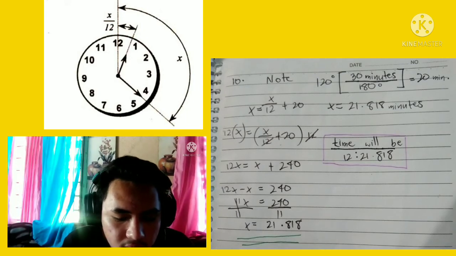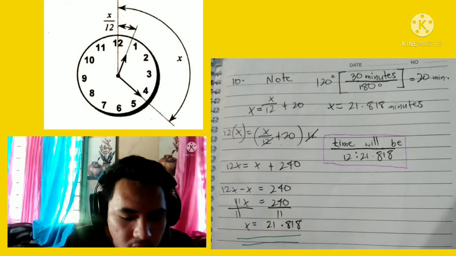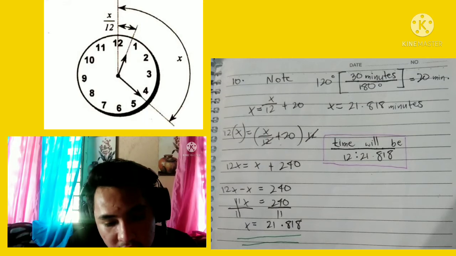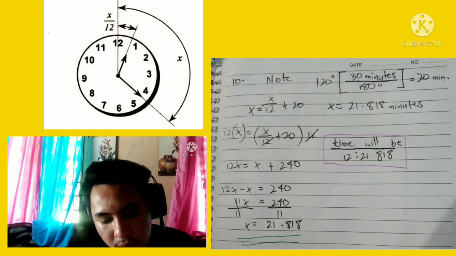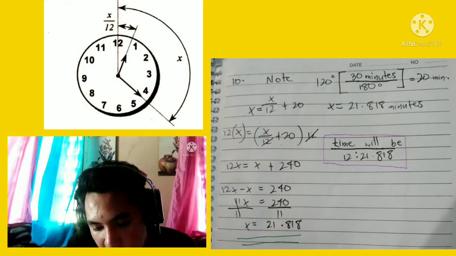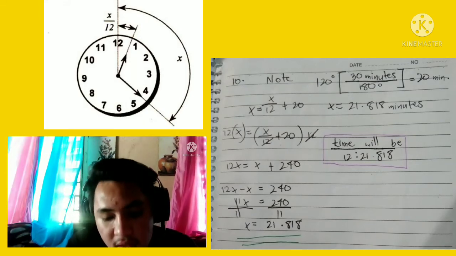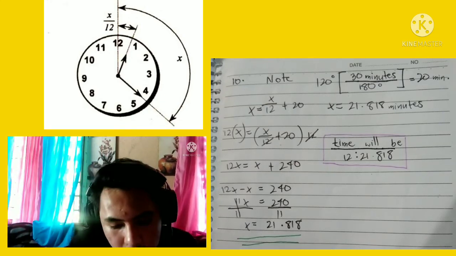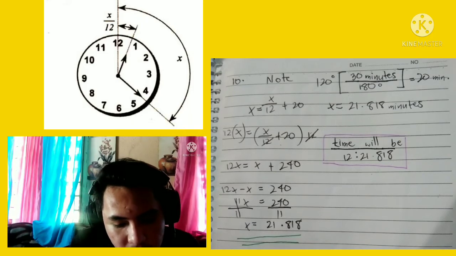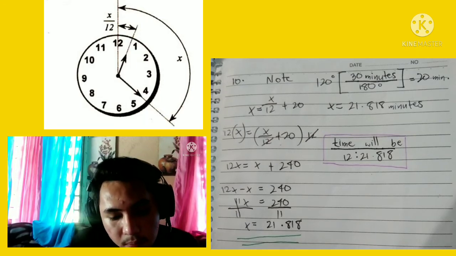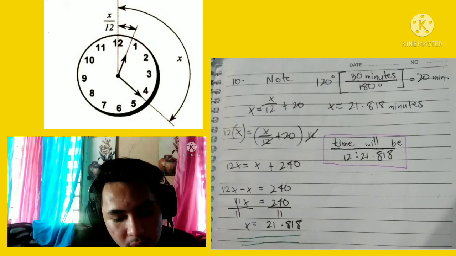So again, we have x equals x over 12 plus 20, just like in number 9, the x over 12, because every time the minute hand completes 12 dials, the hour hand moves one dial. Now we can multiply both sides by 12, and we will get 12x equals x plus 240, and move our x to the other side.